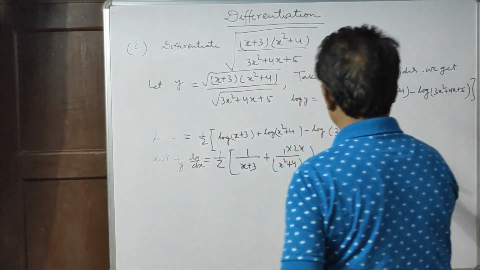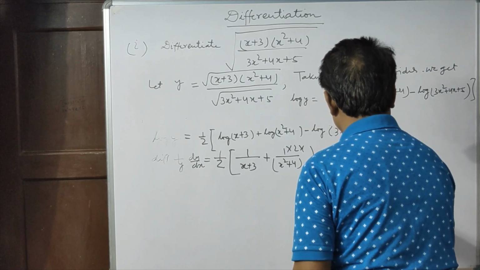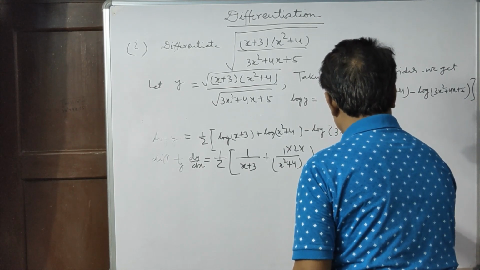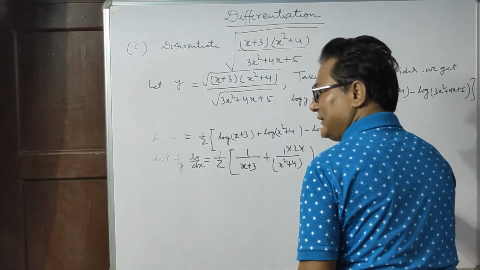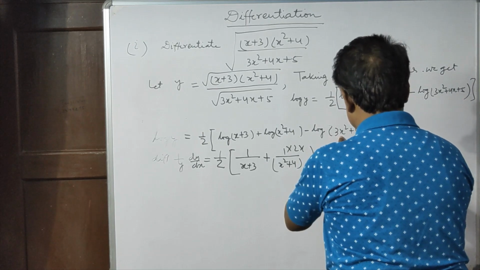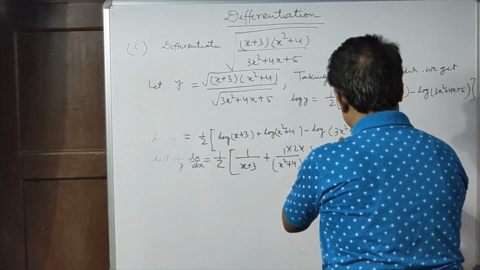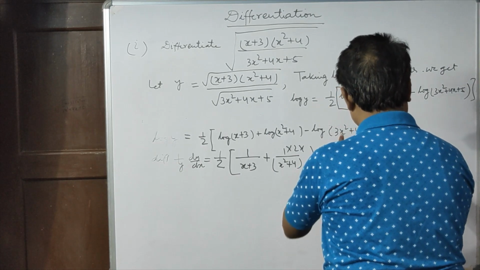The derivative of the function log 3x square plus 4x plus 5 will be 1 by 3x square plus 4x plus 5, and it will be given by the derivative of 3x square plus 4x plus 5, which is 6x plus 4.